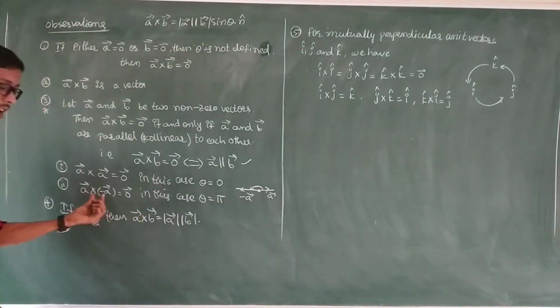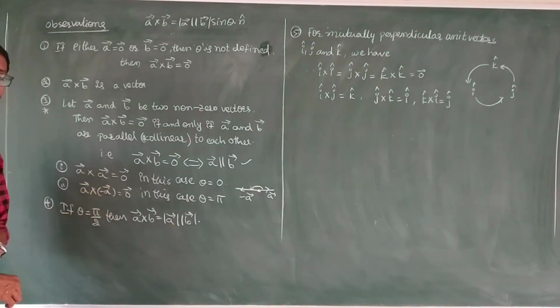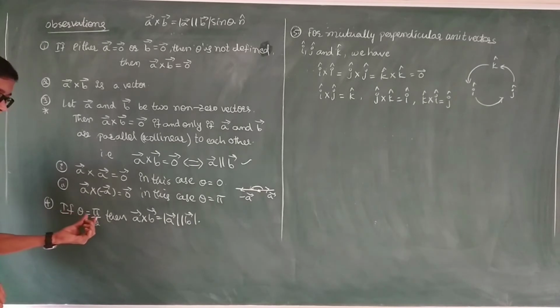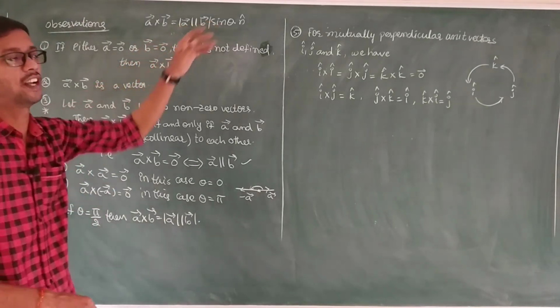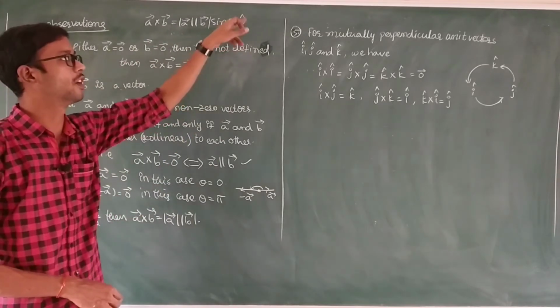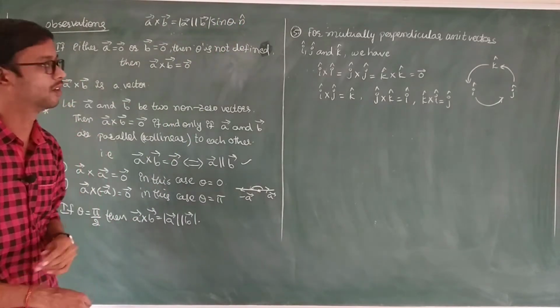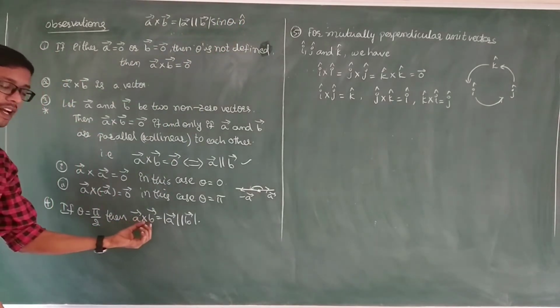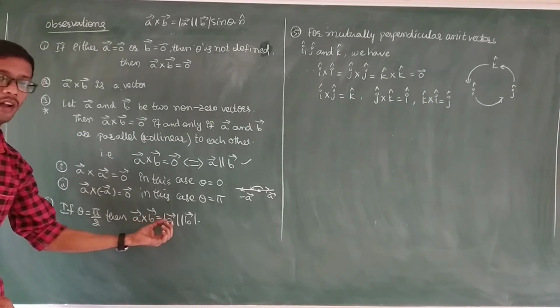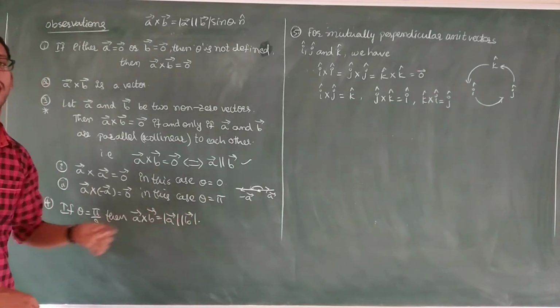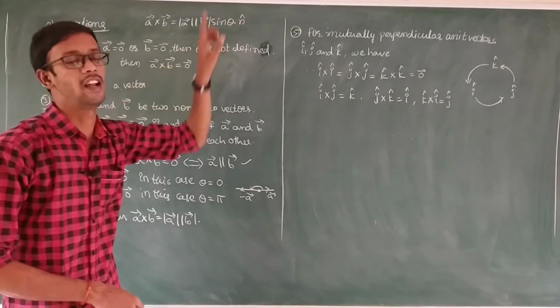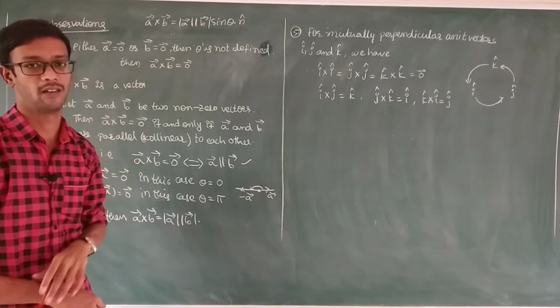So the cross product of positive and negative vectors will be a 0 vector. Next, if theta is equal to 90 degrees, sin 90 is 1. This is also one unit vector, so no need to write the unit vector again here. A bar cross B bar is equal to magnitude of A bar into magnitude of B bar. Why? Because sin 90 is 1.